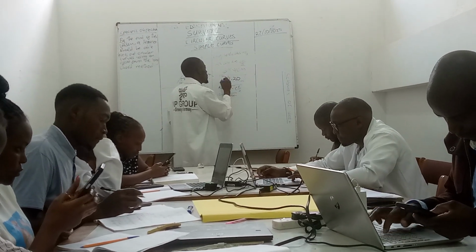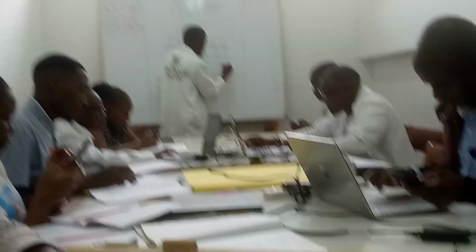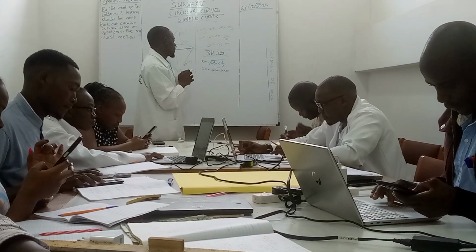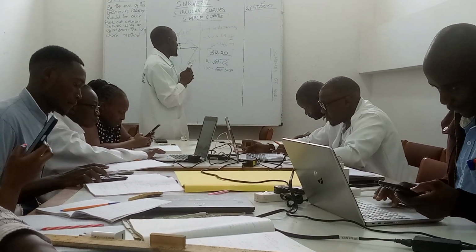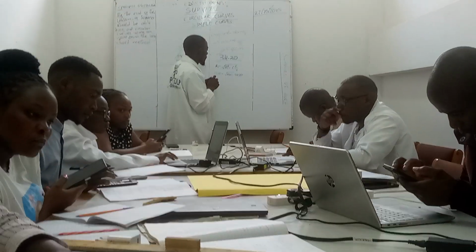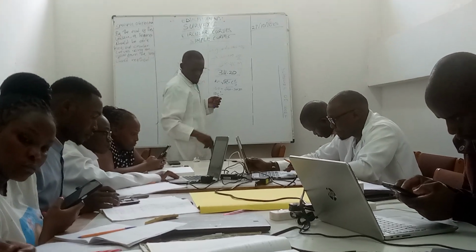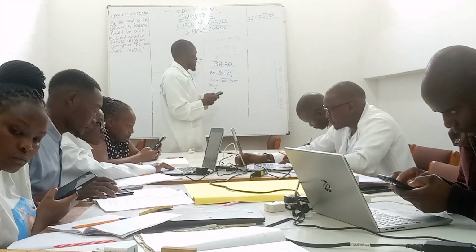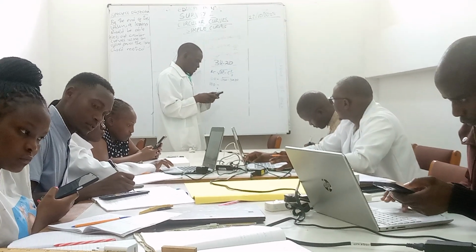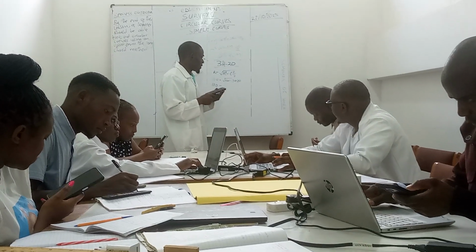I mean, let's just use that because we know that the C over 2 is 34.20. That is 100 minus 34.20, 25 point.